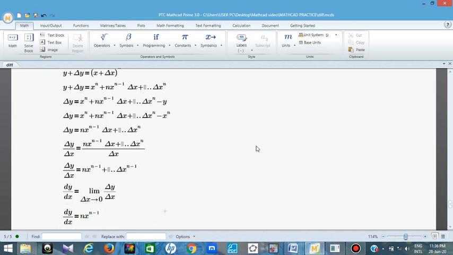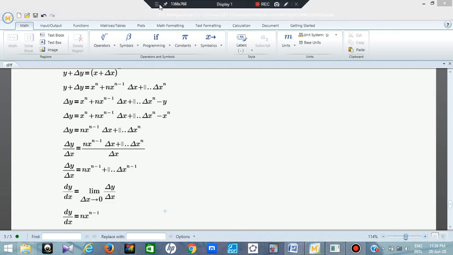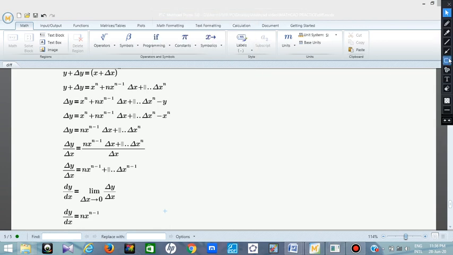This is the basic rule of differentiation. Take note of this rule, it is very important. When you are asked to differentiate any function, you can use this, you will get the same result.